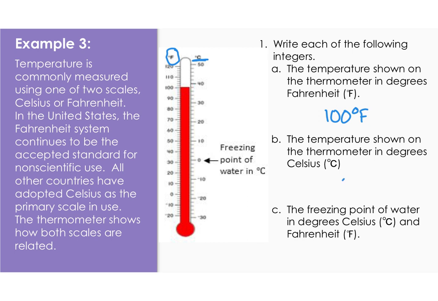So that would be 38 degrees Celsius. The freezing point of water in degrees Celsius and Fahrenheit. So the freezing point is here. So Celsius, it's 0 degrees Celsius. And for Fahrenheit, if we go over, it's going to be 32 degrees Fahrenheit.